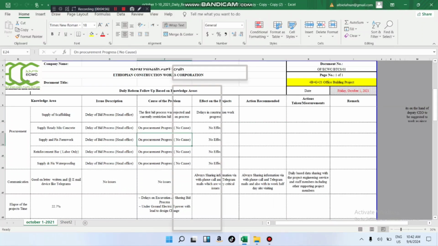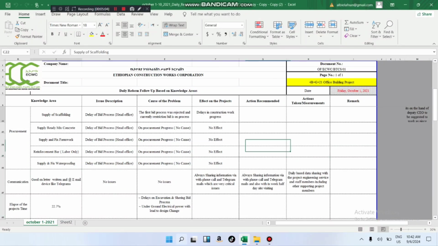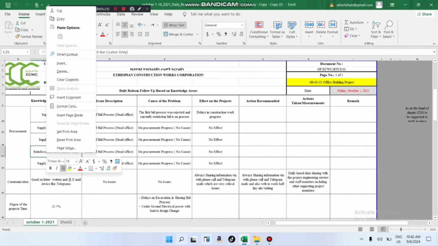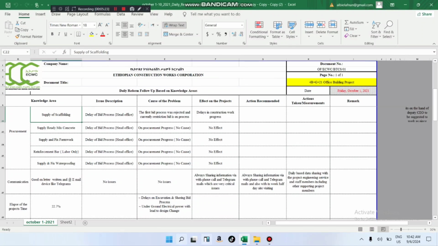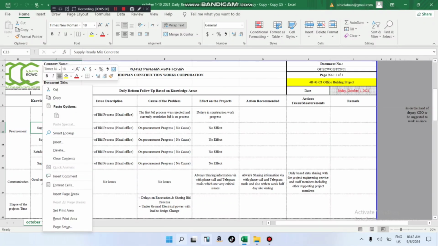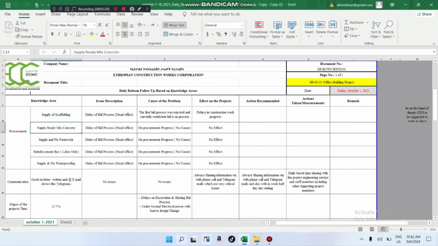like the daily operational. If there is an issue in the operation of the work, supply of scaffolding, supply, what's wrong with the ready mix concrete, reinforcement bar, labor.